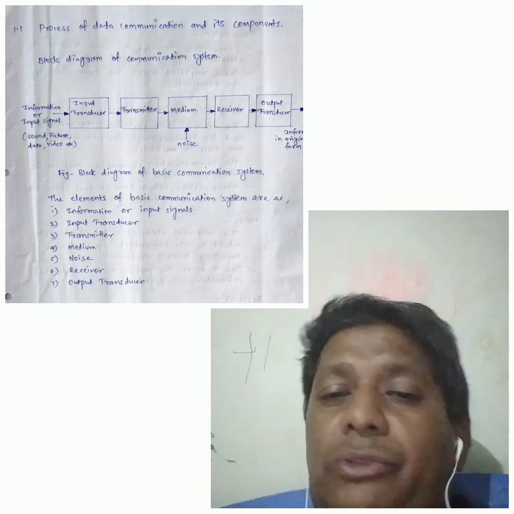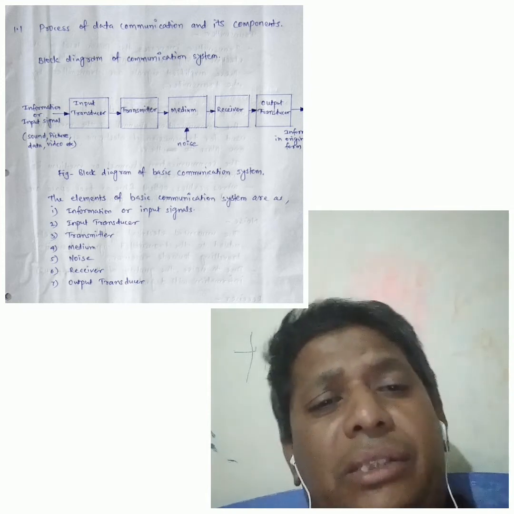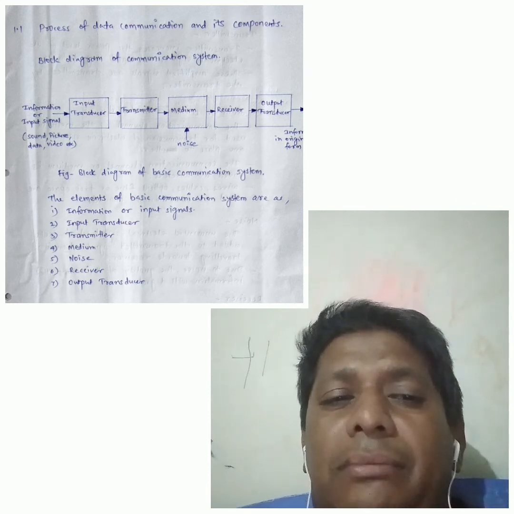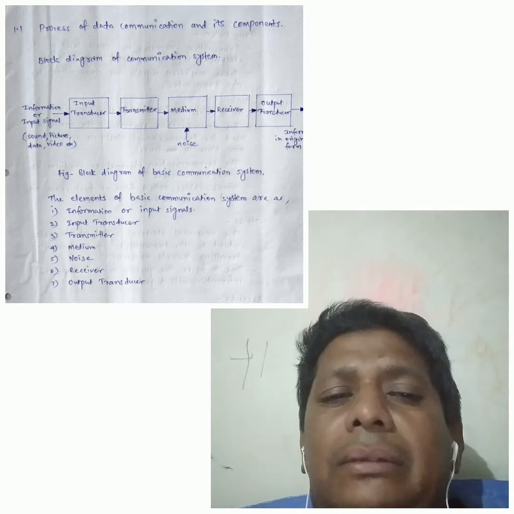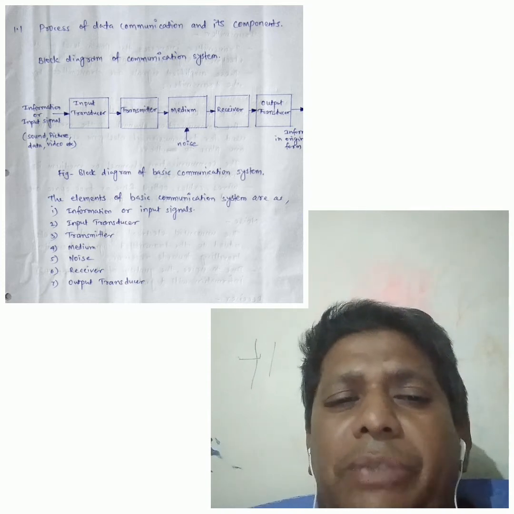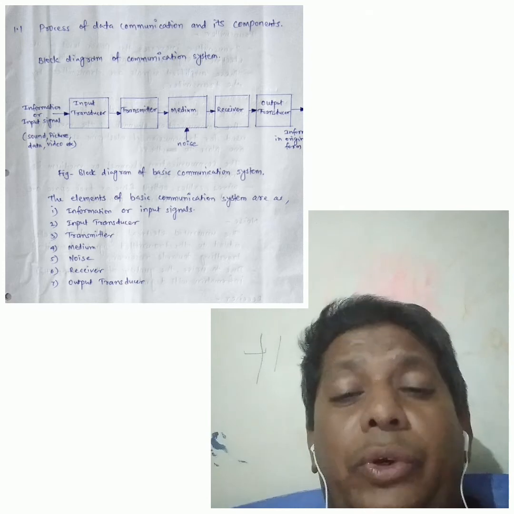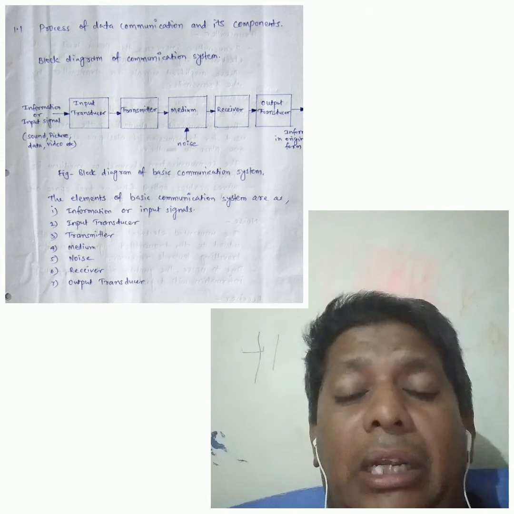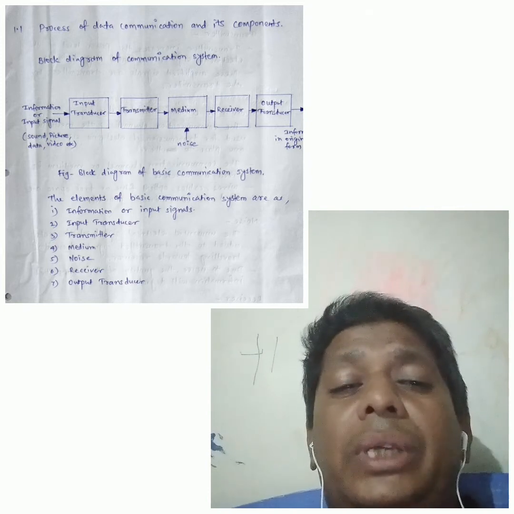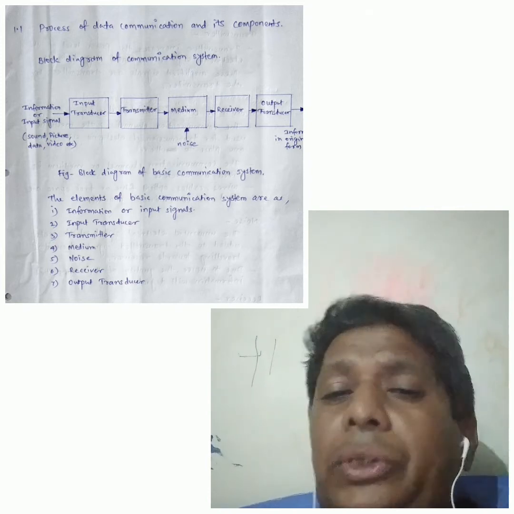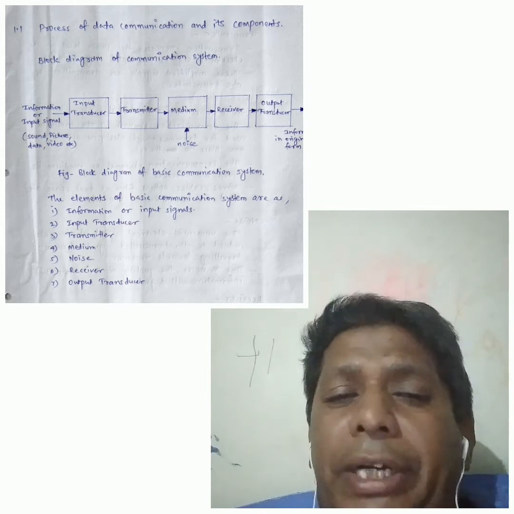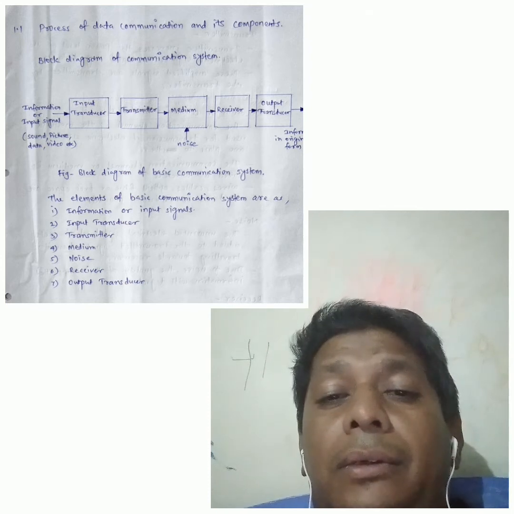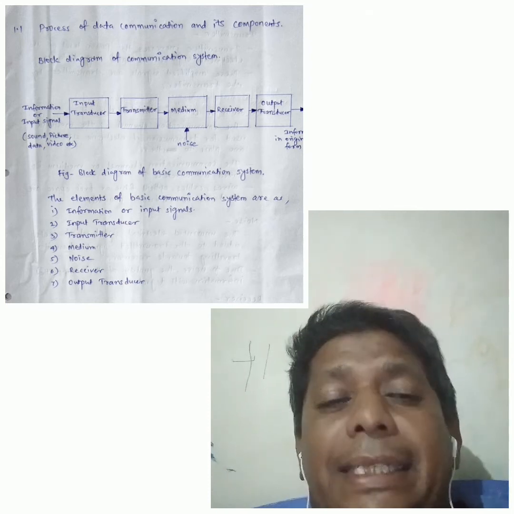Unwanted signal is called noise. This noise creates trouble in the transmitted electrical signals, so sometimes we cannot hear clear voice or see a clear picture. This is due to the noise. Due to noise, the quality of transmitted information will be degraded. Degrade means decreases.